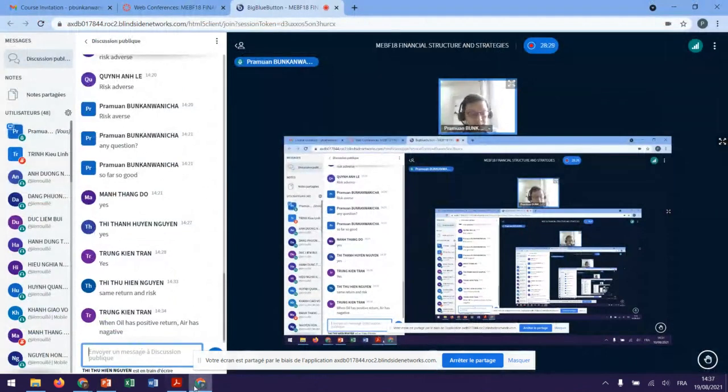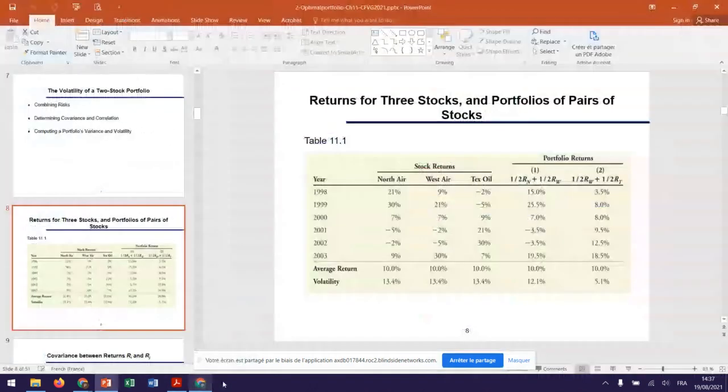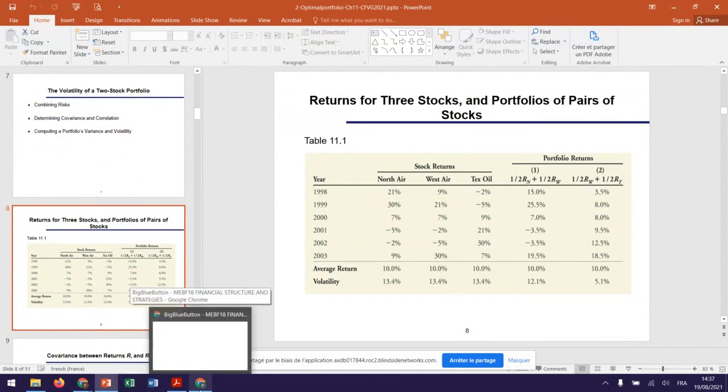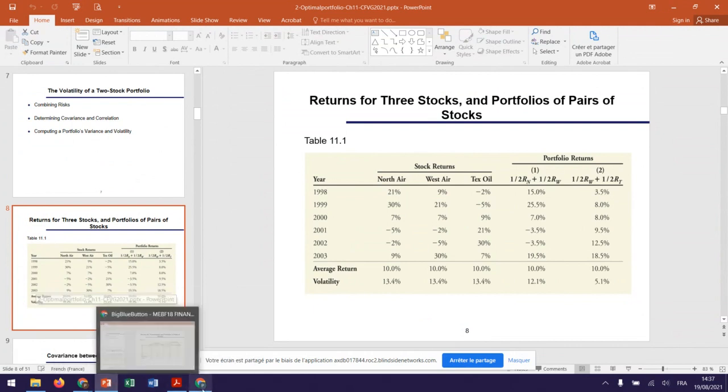If you have two series of data that go in opposite ways, if the oil price is going up, the airline business has less profit, right? So they have a negative return. When you have series of data that go the opposite way, how do we measure the pattern of this?